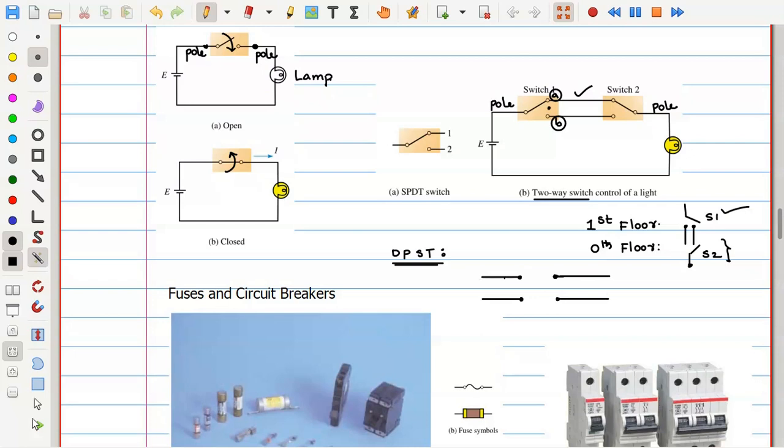These are the two wires. Let us say this is line 1, this is line 2. I need to connect line 1 and 2 to the 1 dash and 2 dash sides. These two lines we usually call a double pole. Now this is a switch, so we will have them combined together.